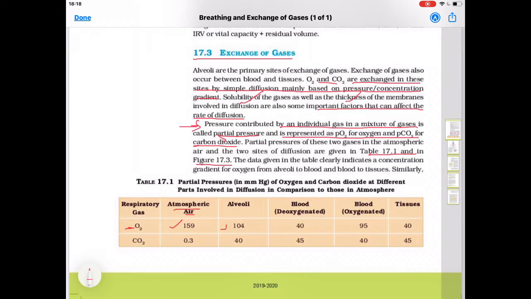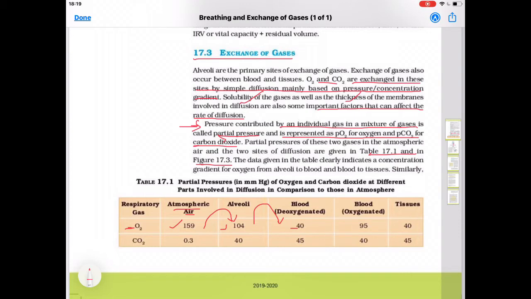So movement occurs from the air towards the alveoli, from the higher partial pressure towards the lower partial pressure. Again, the alveoli are surrounded by blood vessels carrying deoxygenated blood. So here the pressure is 40. From the alveoli, the oxygen moves into the blood which is deoxygenated.